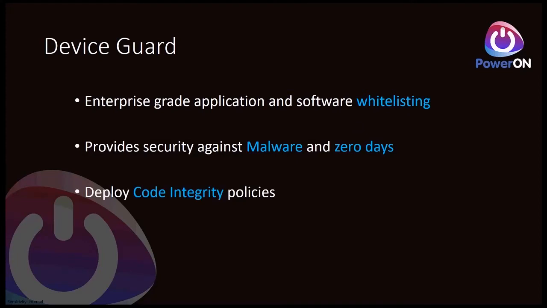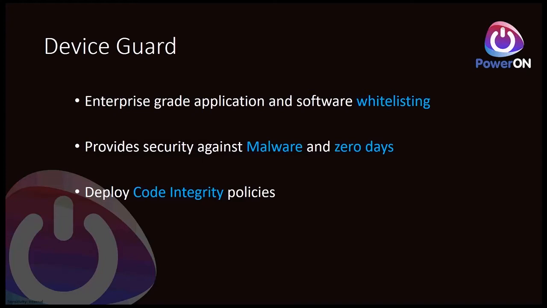So how do we define these corporate whitelisted signed applications that your organization trusts? Well, you do this by deploying code integrity policies. You can deploy code integrity policies using group policy, which is basically a manifest of the digitally signed whitelisted apps.